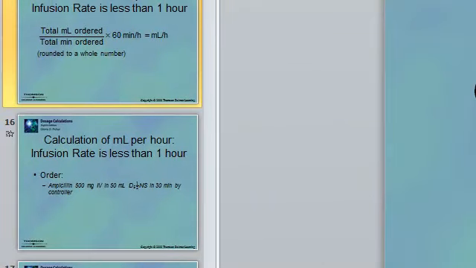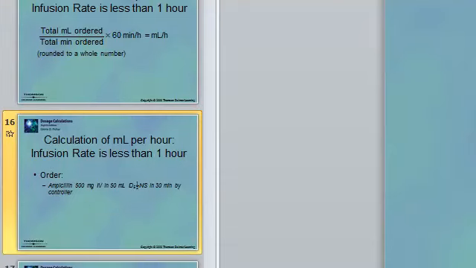Now, if the IV flow rate is in milliliters per hour, but the infusion time is less than 1 hour, then we need to change to minutes. We can do that by multiplying the milliliters ordered divided by the minutes ordered times 60 minutes per hour. And you round this to a whole number.